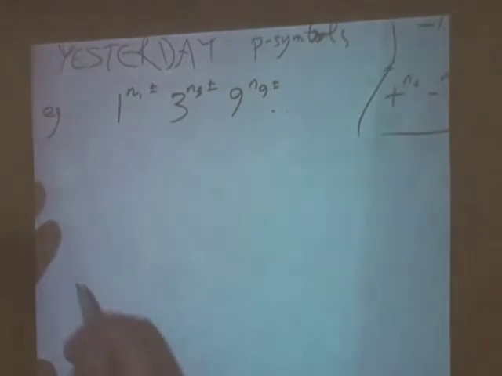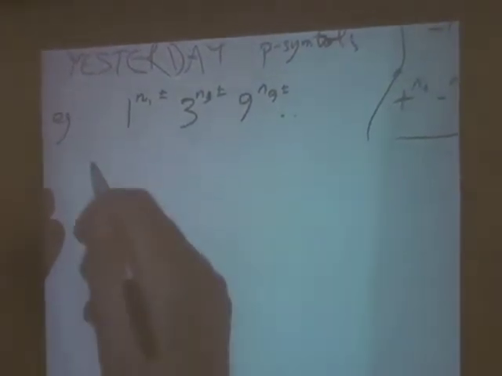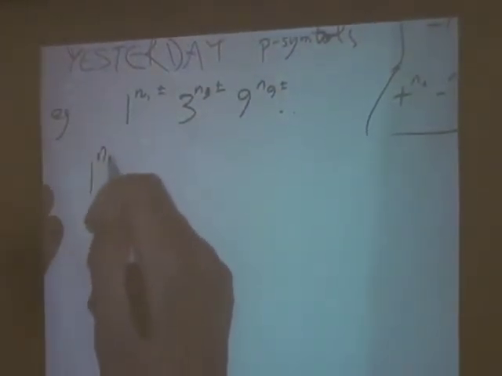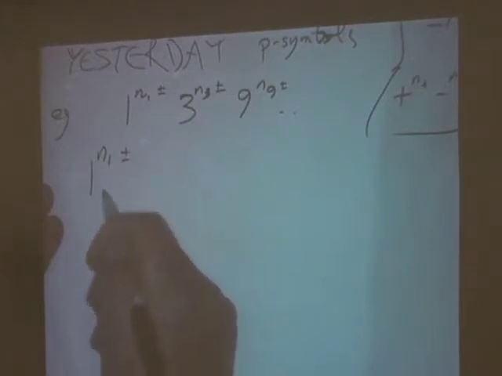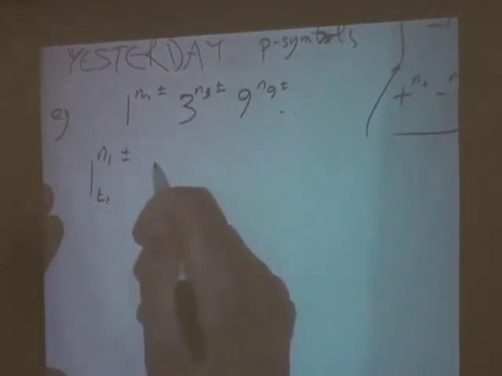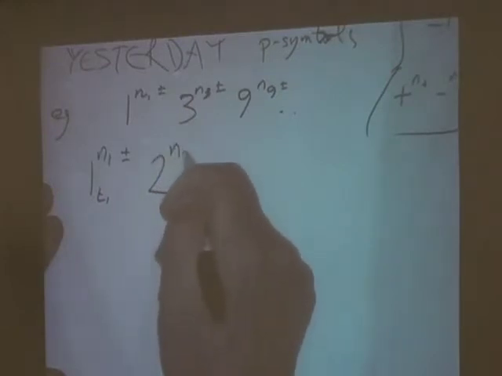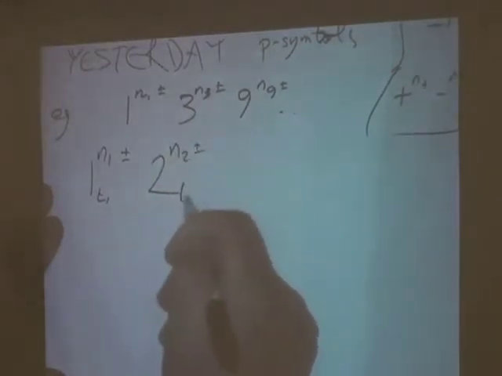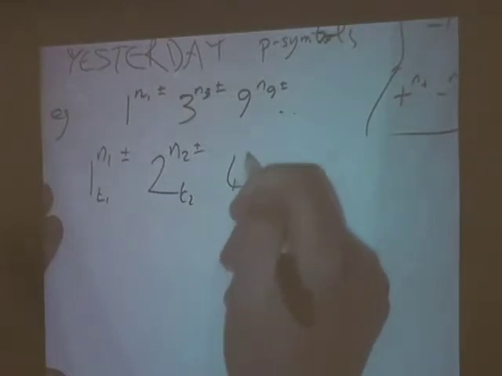But then for p equals 2, we had 1 to the n1 plus or minus sub t1, and then 2 to the n2 plus or minus sub t2, and so on.